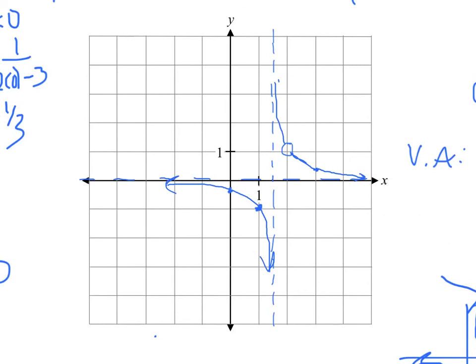Just for fun, I'll write in some points in case we don't see them: (2, 1), (0, -1/3), and I believe this was (1, -1), and this was (3, 1/3). So this is a nice, accurate graph, and it should get us full marks once we draw the arrowhead on here.